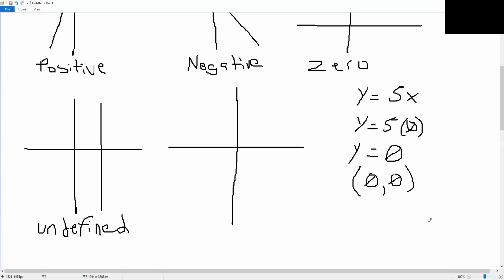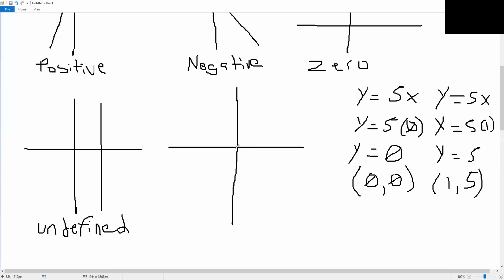Now, if you substituted x for 1, it would be y equals 5 times 1, and then y equals 5. So your points would be 1, 5.